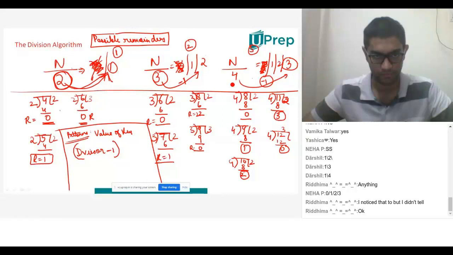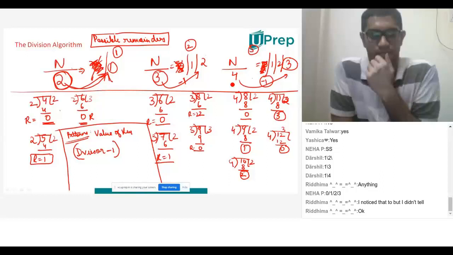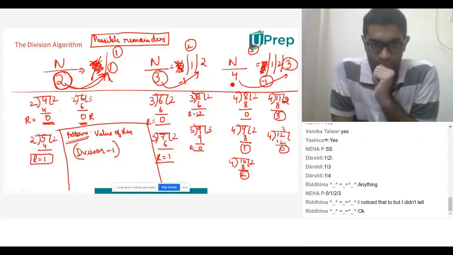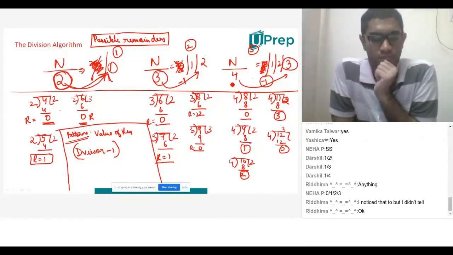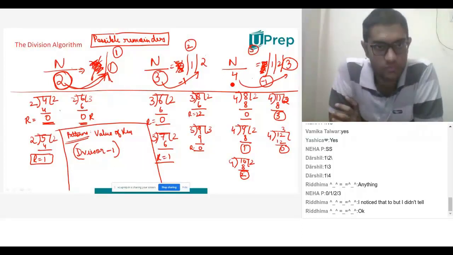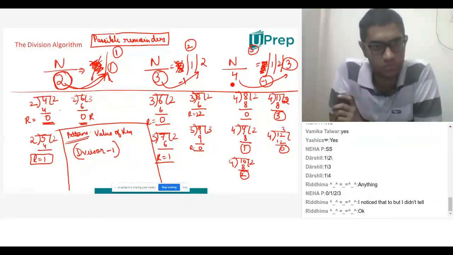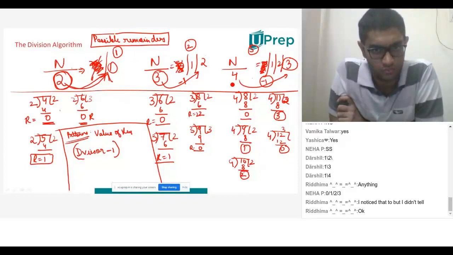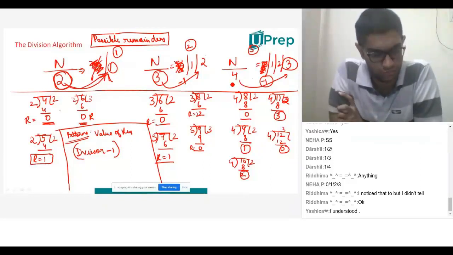To find the possible remainders, in the given example, 2, we can see that 1 is the only possible remainder. That means 2 minus 1 is 1. In the second example, it's 3, and the possible remainders are 1 and 2.